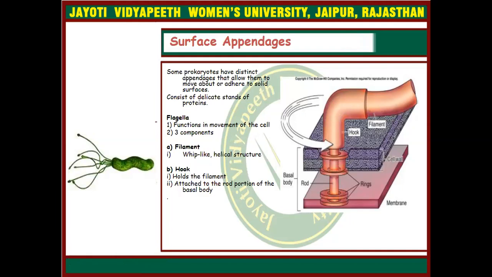If the fitting moves, the pipe also moves. If the motor moves, the hook also moves, and along with the hook, the filament also moves. By moving the filament, the bacteria will move from one place to another place.